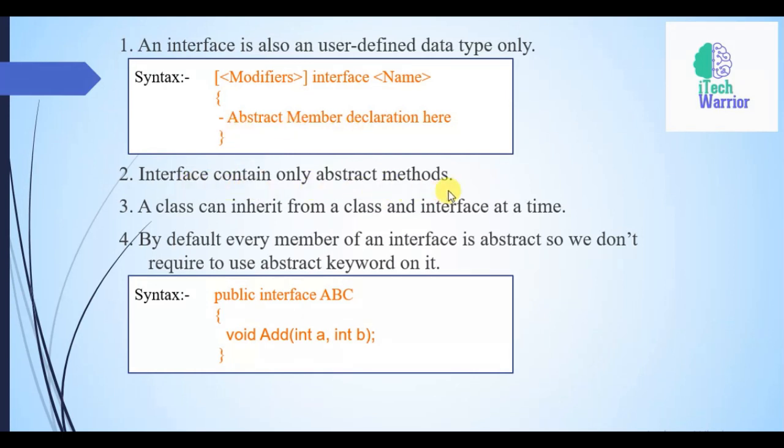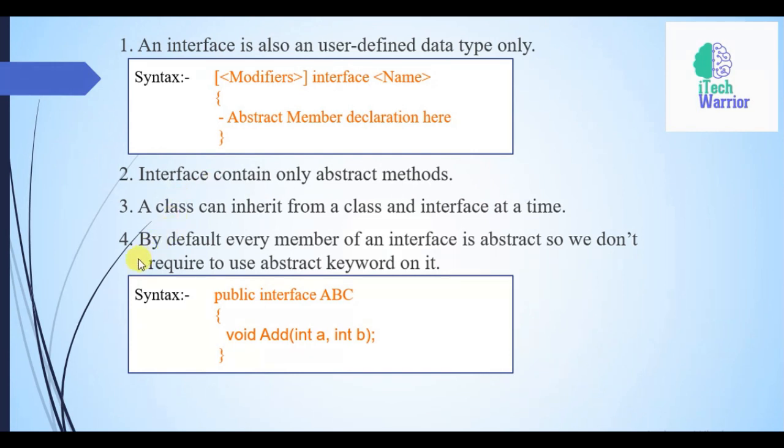Interface contains only abstract methods. Interface contains only abstract members. And the third point is a class can inherit from a class and an interface at a time. Yes, we can inherit class and interface at a time.